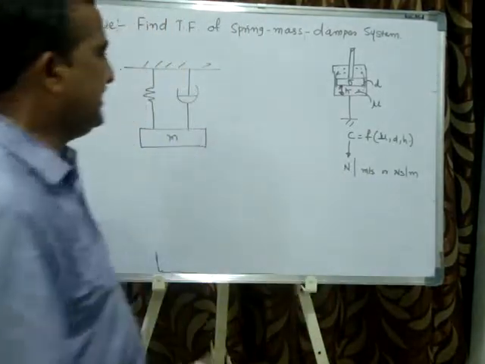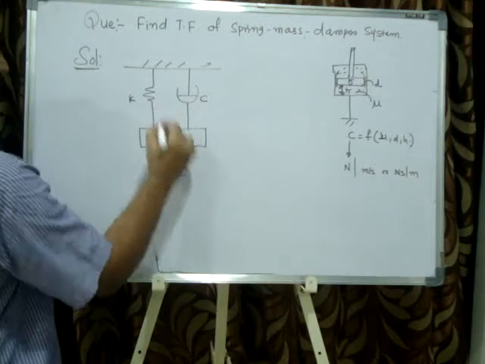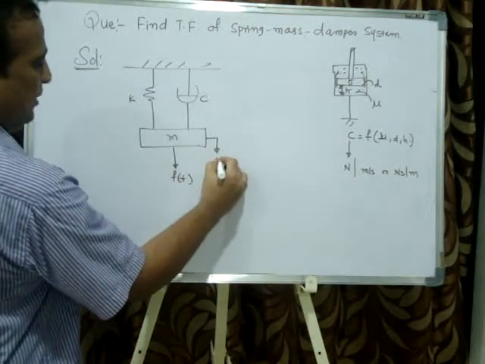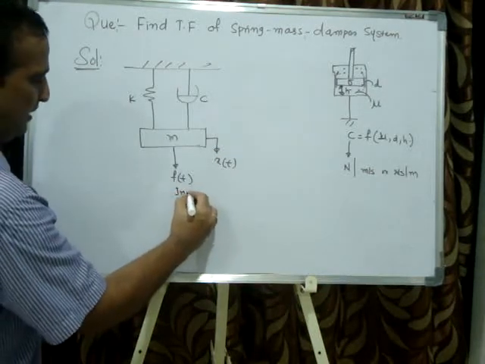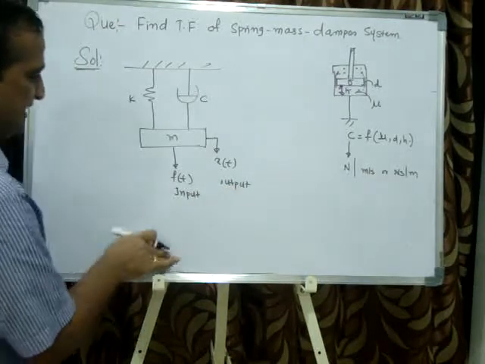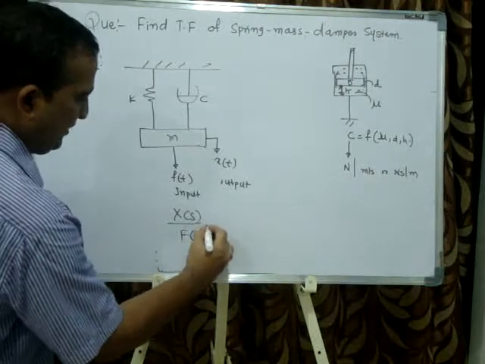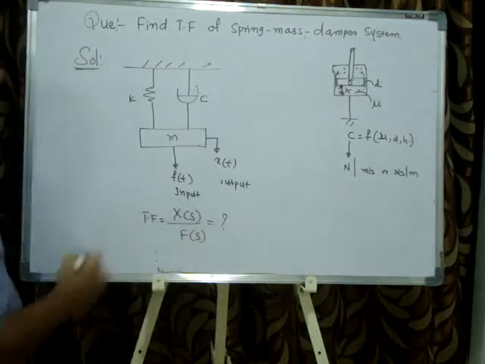This is also a resistive element opposing the motion of the body. The input is F of t, force, and the output is the displacement of the mass. This is called input and this is called output. In the question, what he has asked, output divided by input, X of s divided by F of s, is the transfer function.